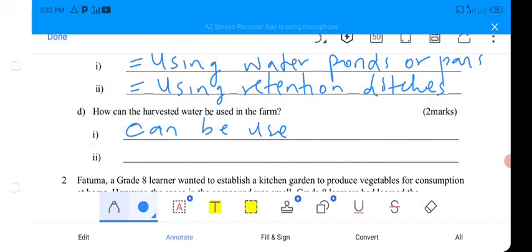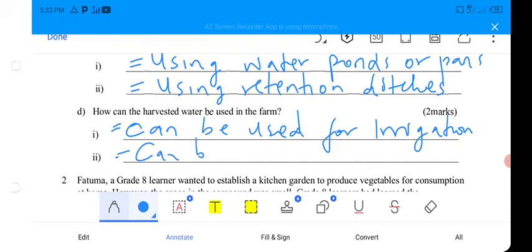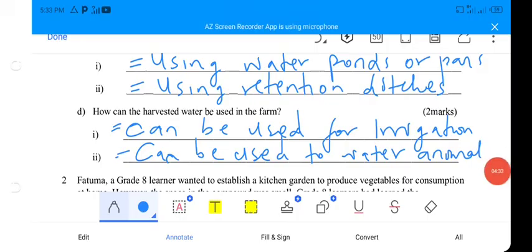It also can be used for domestic purposes, and it can be used to water animals. Those are the uses of harvested water in the farm.